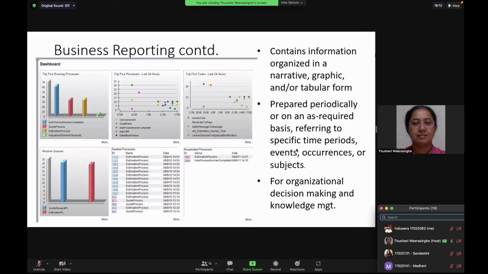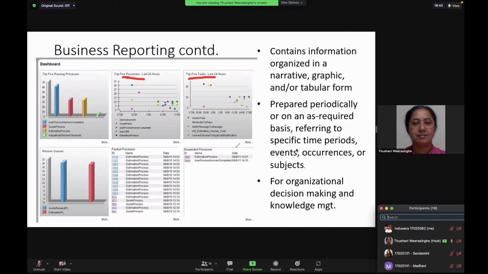In this one, you can see that it shows the running processes, some kind of things happening at the organization right now. Then this person wants to know what is happening in the last 24 hours, so top 5 tasks, and top 5 processes likewise. Can you see that?